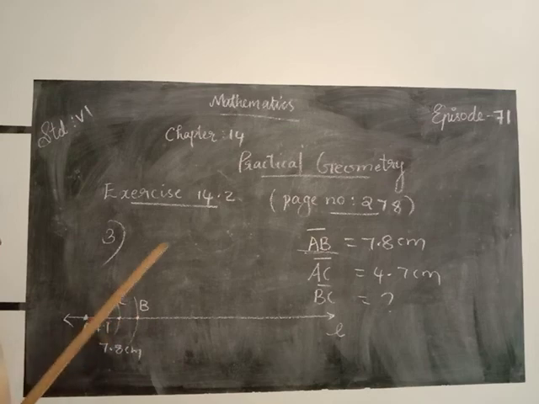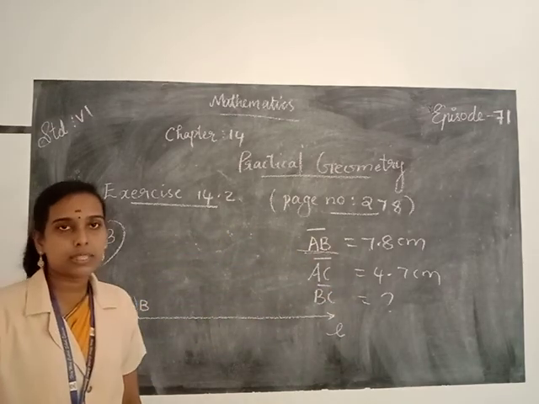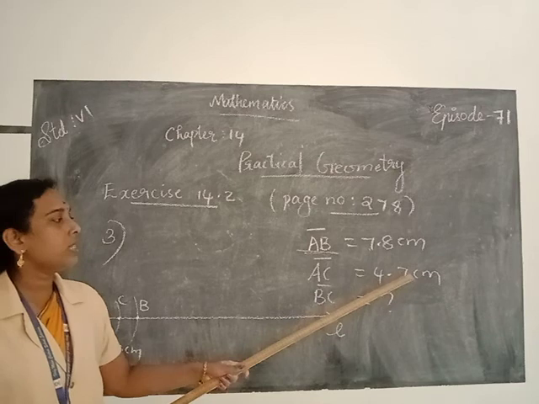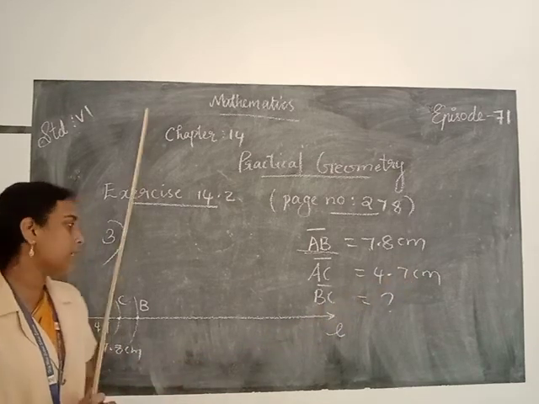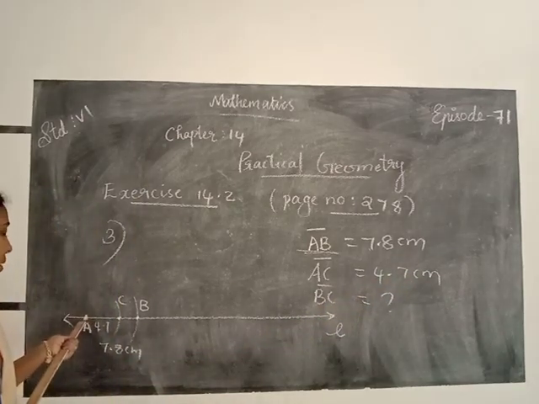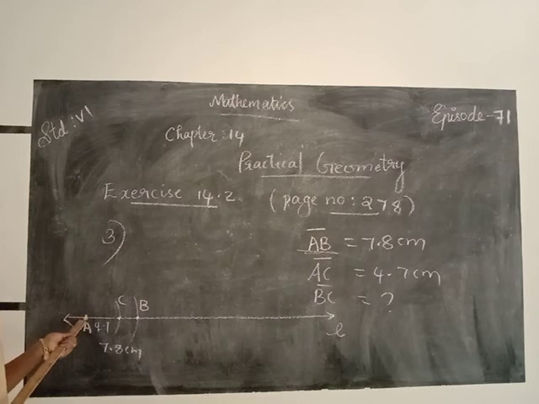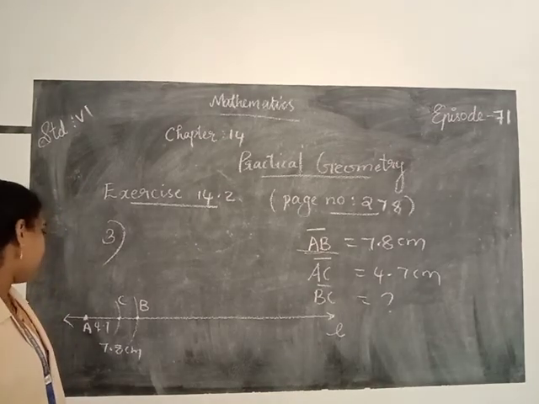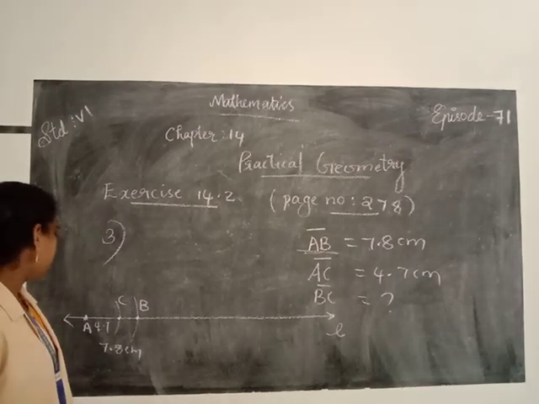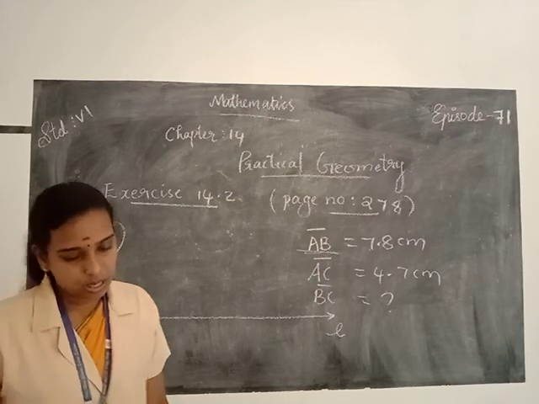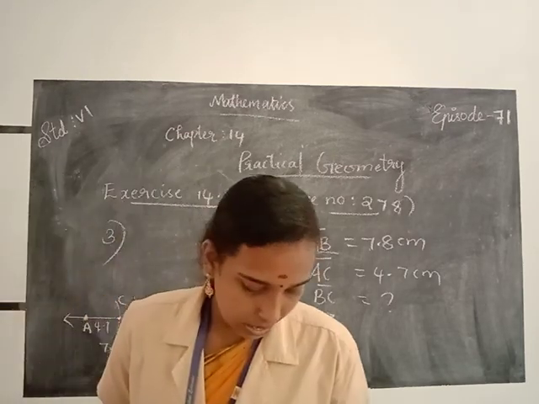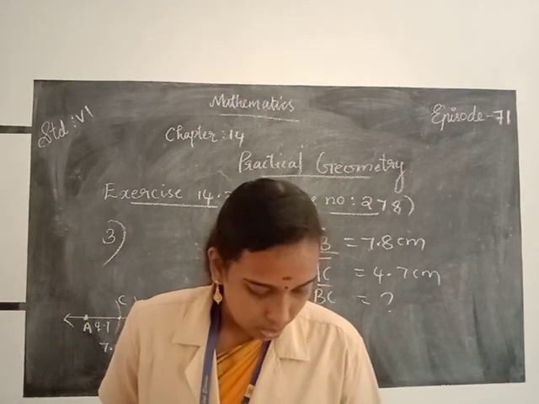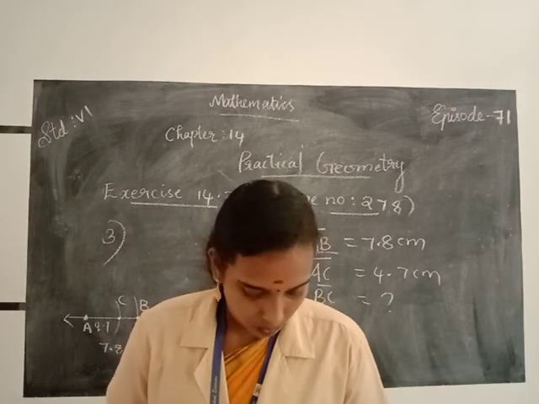Then to draw AC equal to 4.7 cm, you take 4.7 cm in your compass, then place the pointer on the point A, then swing an arc, then you get line segment AC that measures 4.7. Then we want to measure the length of BC.